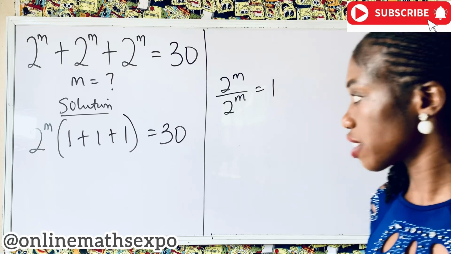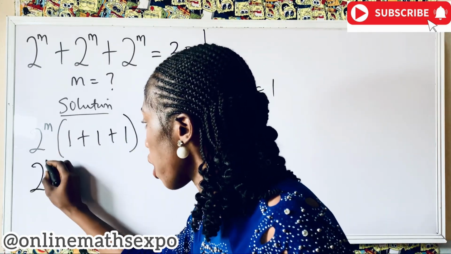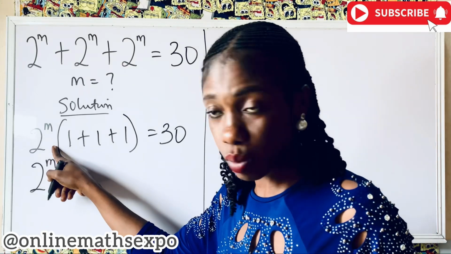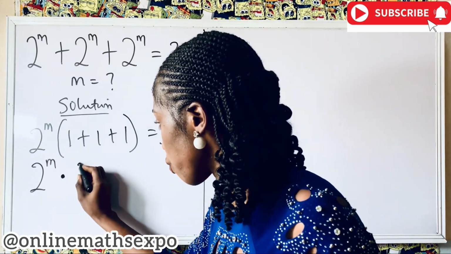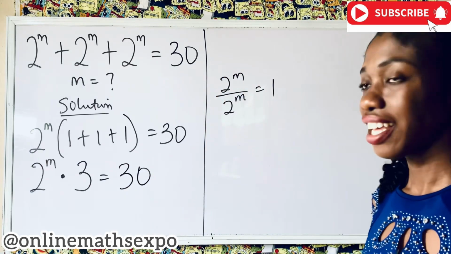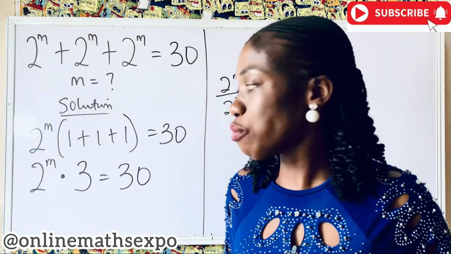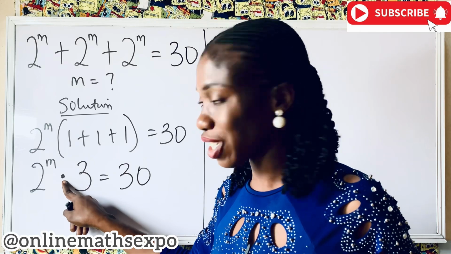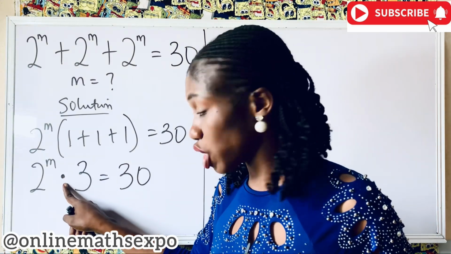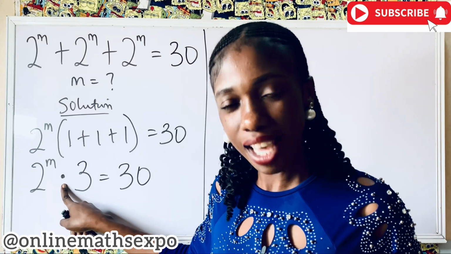So what do you do next? This will give us 2 to the power of m. Add this, it will give you 3. And remember, it's multiplication. So we use dot for the multiplication and is equal to 30. Now remember, our target is to find m. So if I want to remove multiplication, I use its inverse.